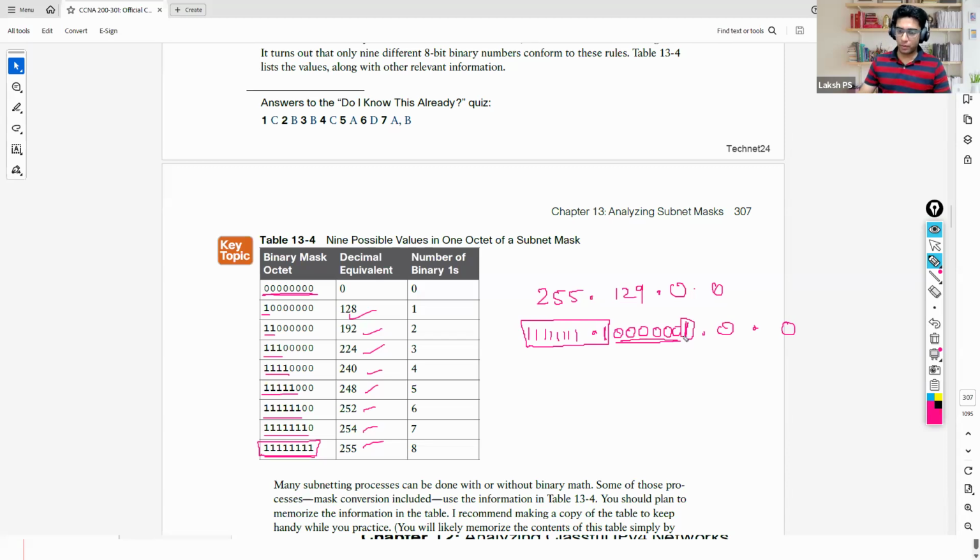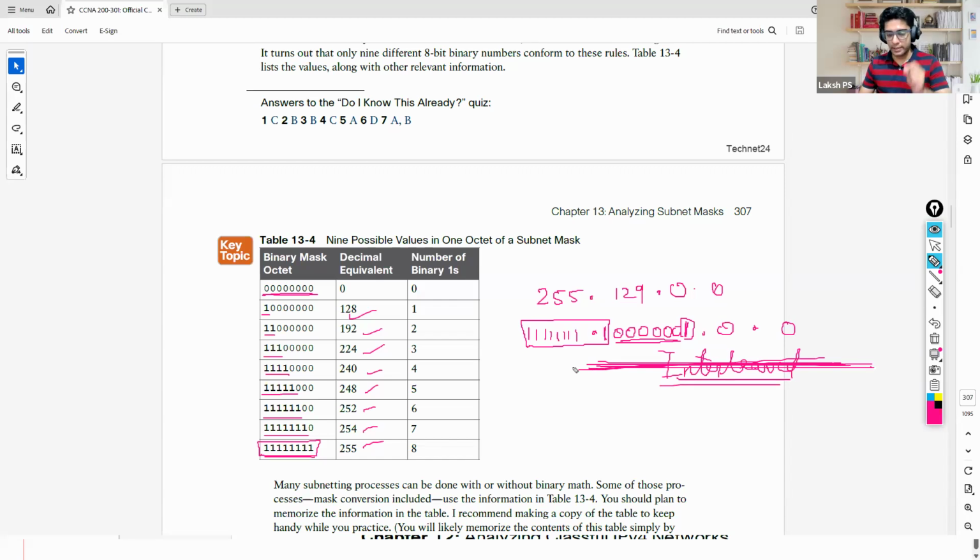How can this be a network part? So the networking device is confused about which is a network part and which is a host part, because now it has interleaved ones and zeros.